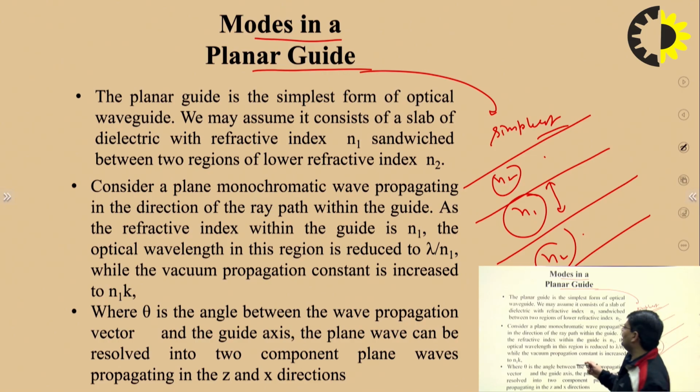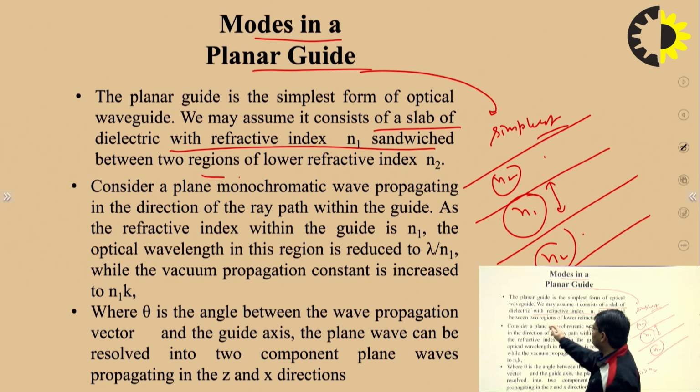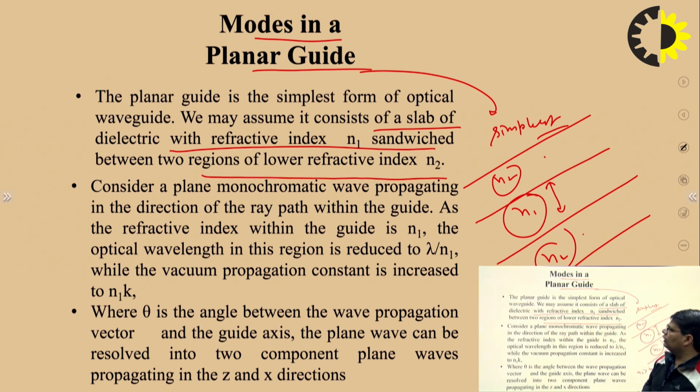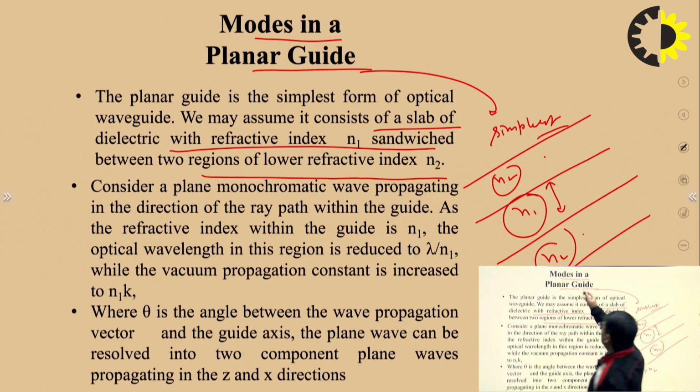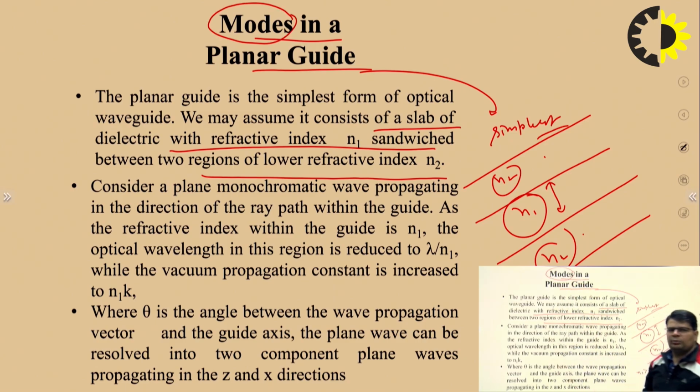So in the planar guide, simply we have a slab of dielectric refractive index n1 sandwiched between two regions of lower refractive index n2. As this is a simple structure, the modes existing inside the fiber will also be the simple modes. So simple modes will generally be the transverse magnetic modes or transverse electric modes.